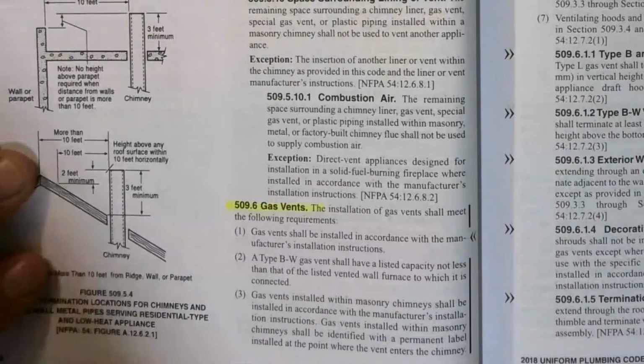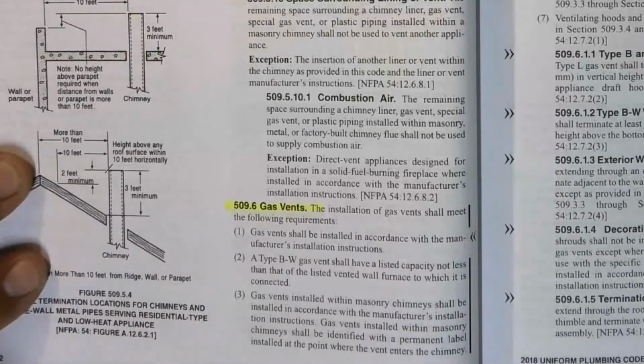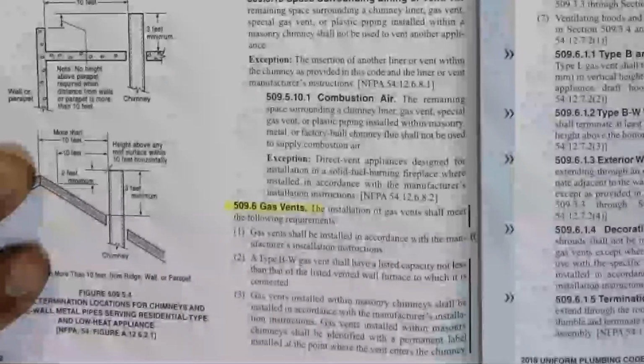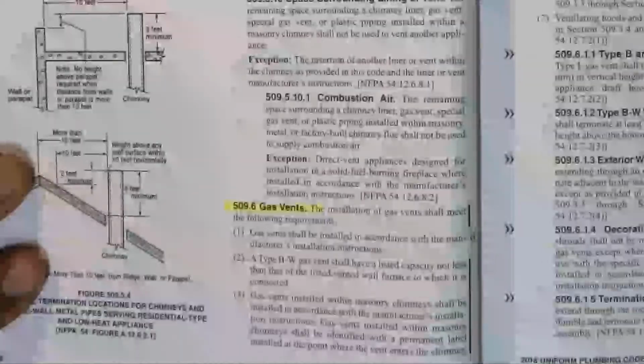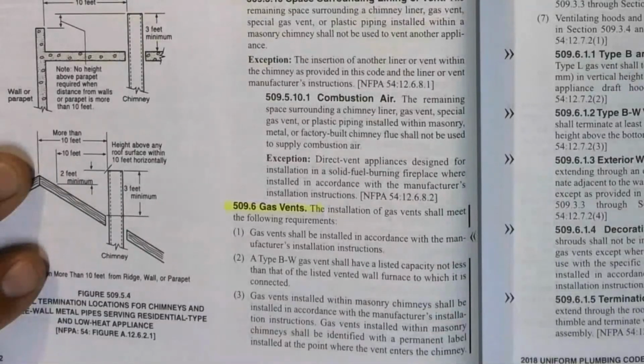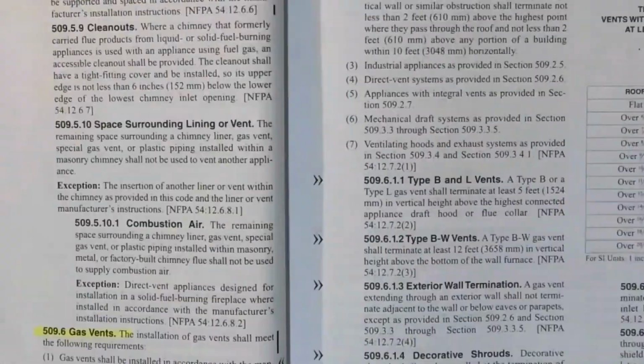And then you have also number 3, the gas vent installed within masonry chimneys shall be installed in accordance with the manufacturer's installation instructions. Again, right back to the manufacturer, right? The gas vent installed within masonry chimneys shall be identified with a permanent label installed at the point where the vent enters the chimney.